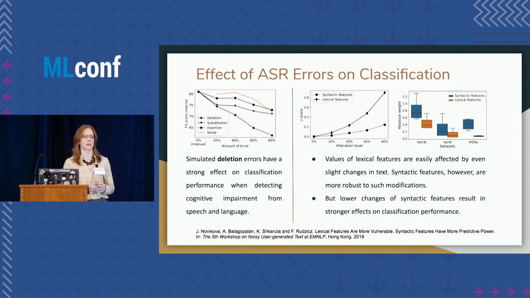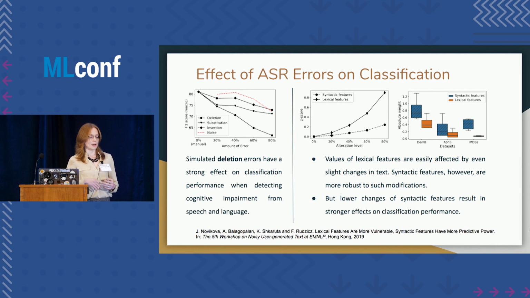Insertions happen when ASR inserts a word which was not said by a person. Substitution is when a word that was said is substituted with something else, so ASR misrecognized the word as something else. And deletion is when the word that the person actually said was missed and nothing was produced as ASR output.